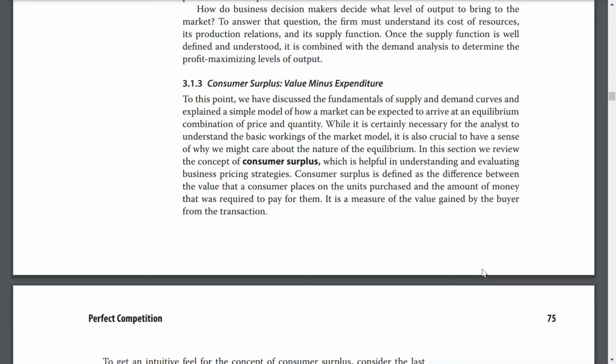In this section, we review the concept of consumer surplus, which is helpful in understanding and evaluating business strategies. Consumer surplus is defined as the difference between the value the consumer places on the units purchased and the amount of money that was required to pay for them.